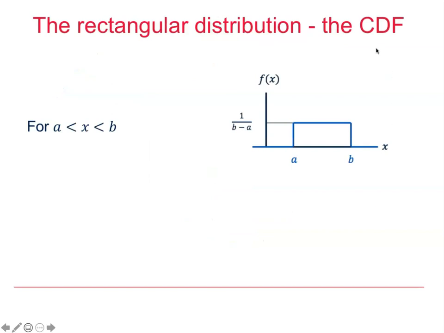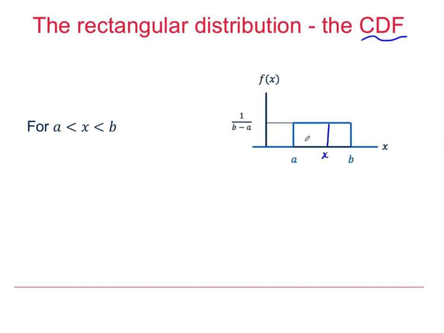We're going to derive the cumulative distribution function for the rectangular distribution, and we've got the usual diagram here, and instead of putting a particular value here, we're considering a variable value x here that lies between a and b.